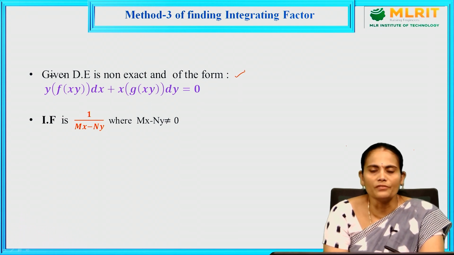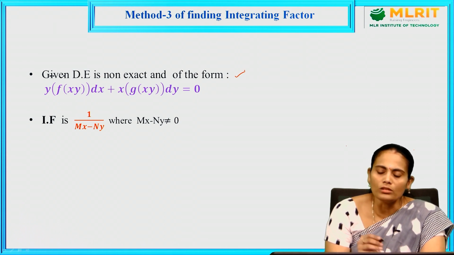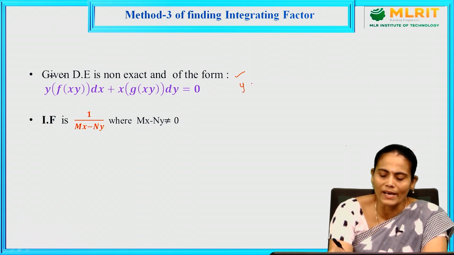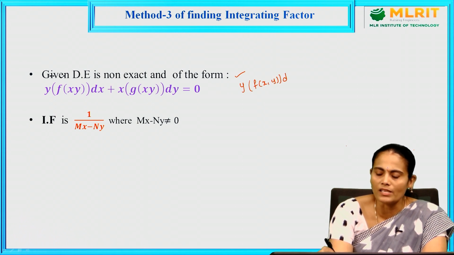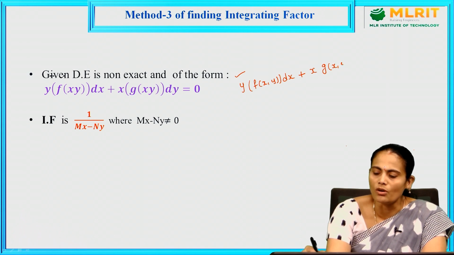Suppose the given differential equation is non-exact and also of the form y into f of xy dx plus x into g of xy dy is equal to 0.